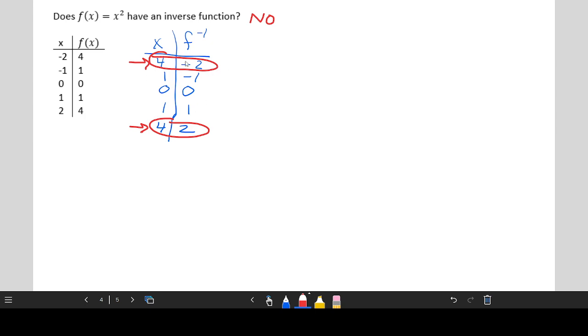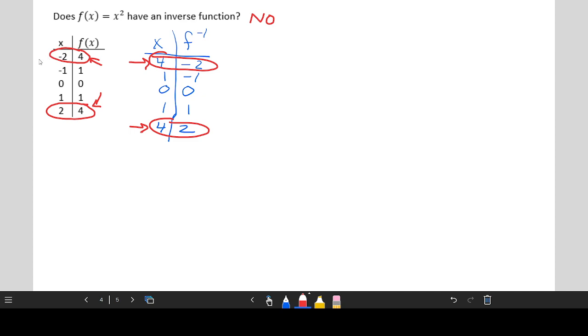Well, why is the inverse not a function? Well, we've identified those duplicate x values. Where did those come from? Those came from these points here, where we had duplicate y values. So the original table is a function, right?